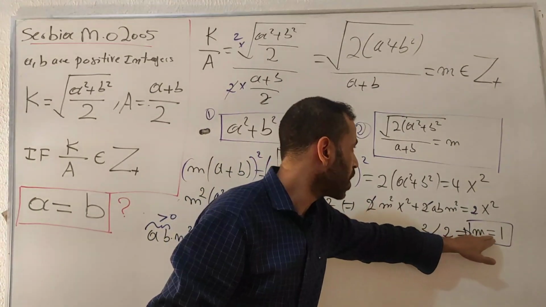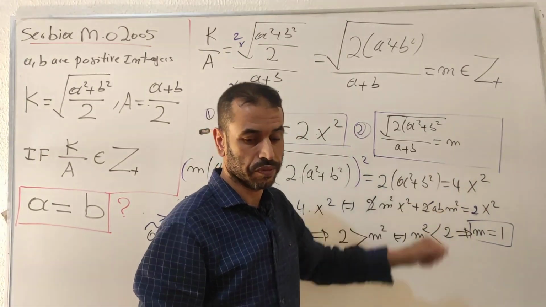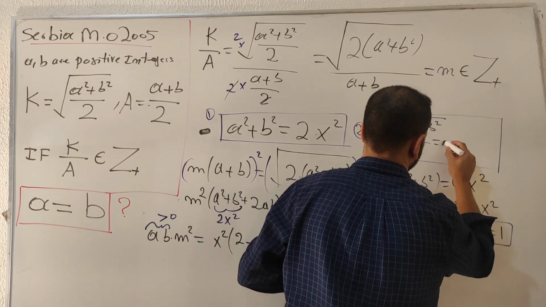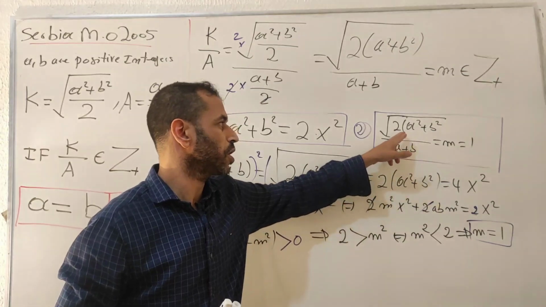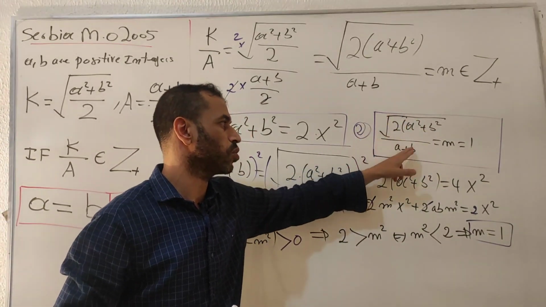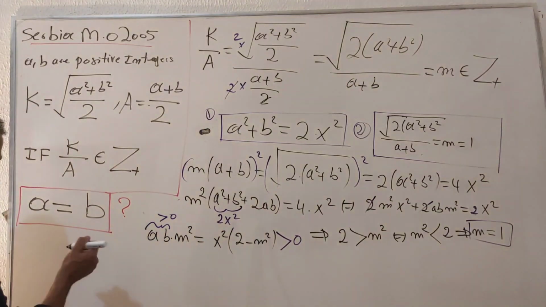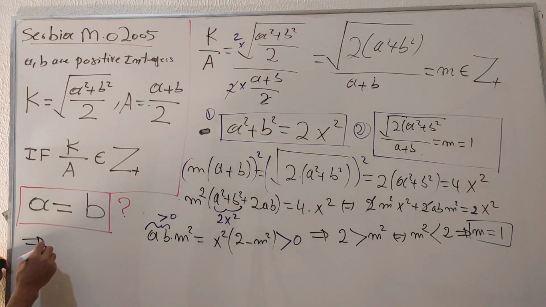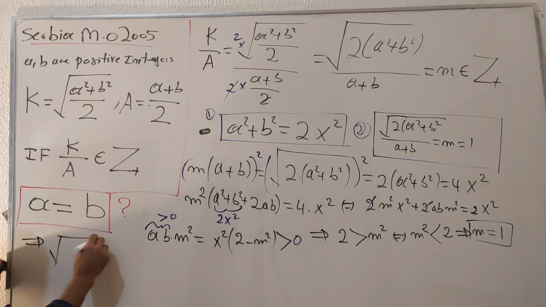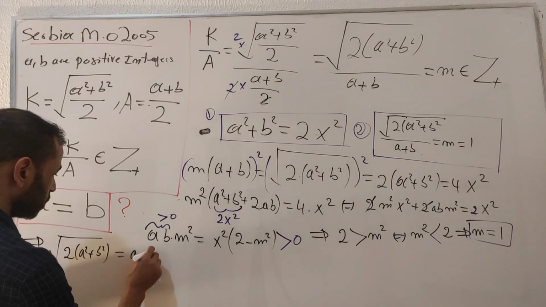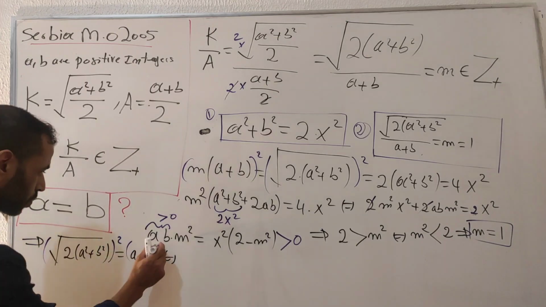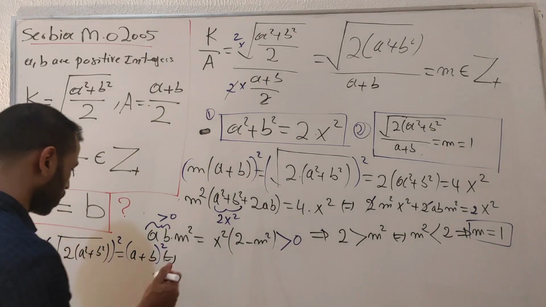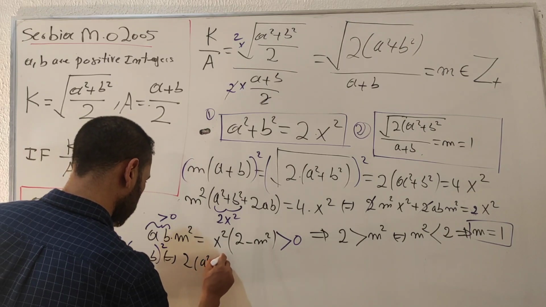Let's take this value of m and insert it back into the original fraction. So I get m which equals number 1. Let's cross multiply. I get this square root equals a plus b. So from number 2 I get the square root of 2(a squared plus b squared) equals a plus b. Let's raise to the power 2 on both sides and expand this one out. I get here 2 times (a squared plus b squared).